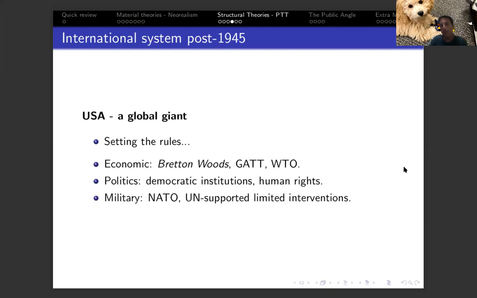From a political standpoint, it pushed for the establishment of democratic institutions, democratic states, and securing human rights. From a military and security standpoint, it pushed for the establishment of NATO, the use of limited military intervention, and especially pushing as much as possible for a UN backing for any kind of military intervention during those years.